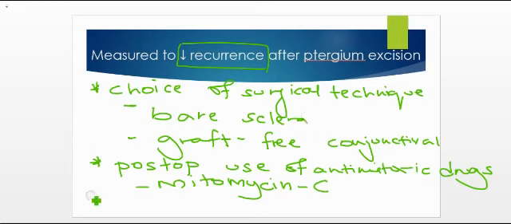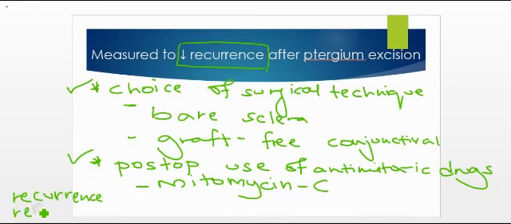Now let's say I've already done it with these two techniques, but still I have got a recurrence, and with a recalcitrant pterygium. This pterygium is very stubborn, not getting off, coming back repeatedly.